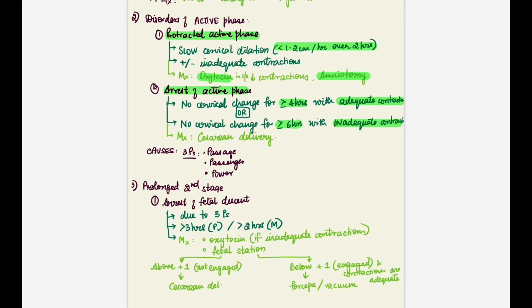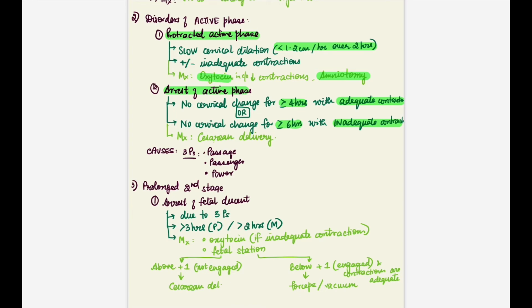But if the descent is minimal, that is less than 1 centimeter in 60 to 90 minutes, and the uterus is not contracting enough, then you can try giving oxytocin. Alright. So oxytocin can be given if the contractions are inadequate.